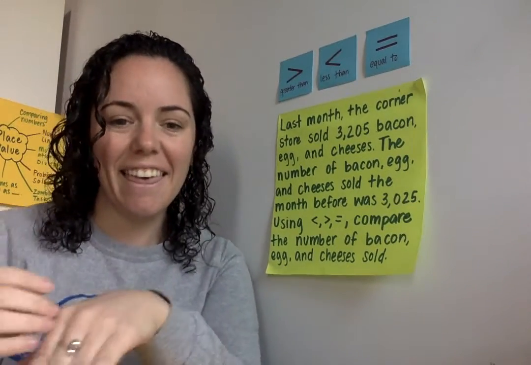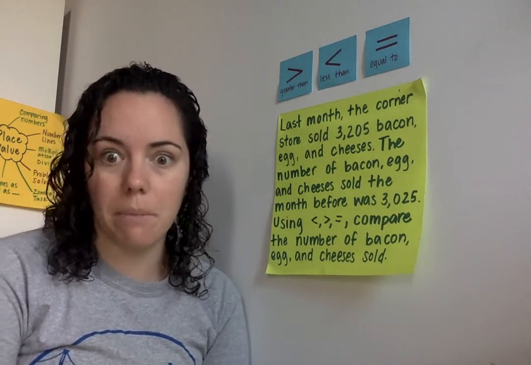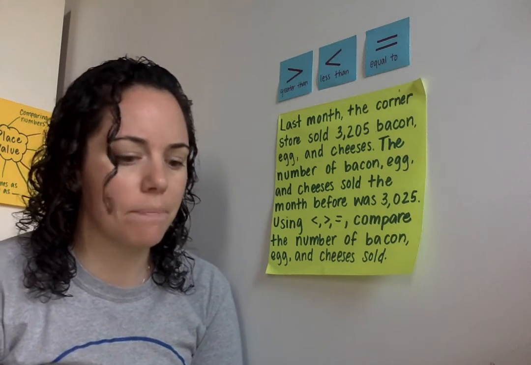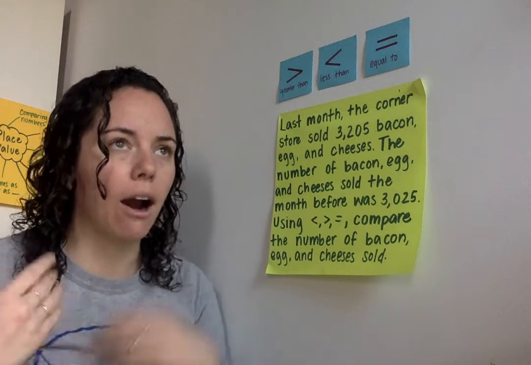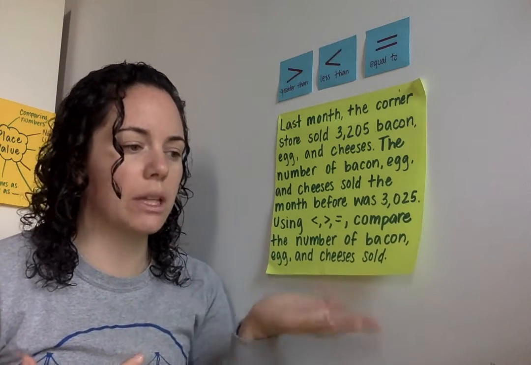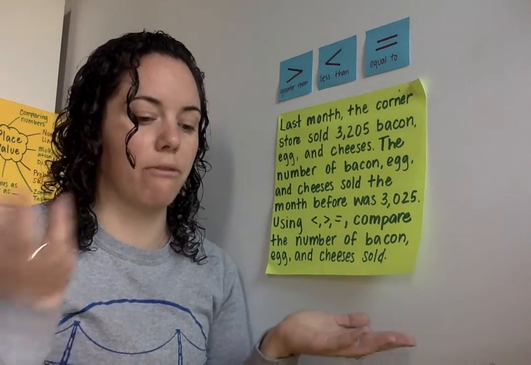Okay. So it seems like the corner store sold quite a bit of bacon, egg, and cheeses last month and the month before. But I also see that I'm being asked to compare the bacon, egg, and cheeses sold last month and the bacon, egg, and cheeses sold the month before.